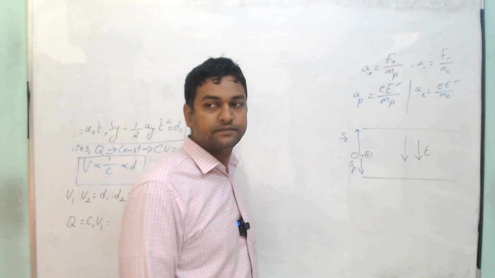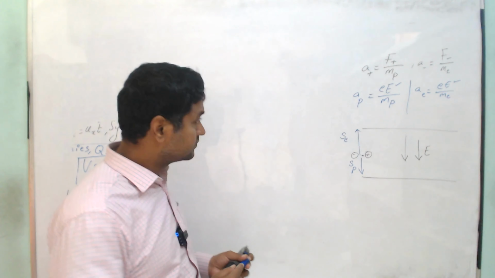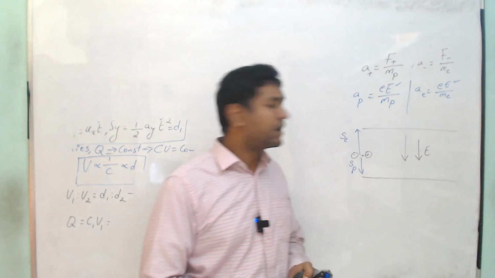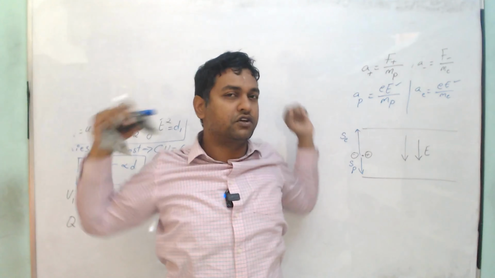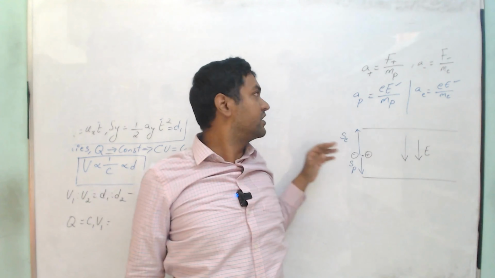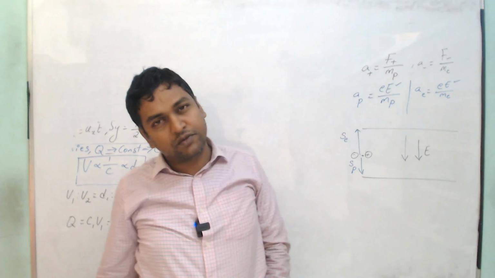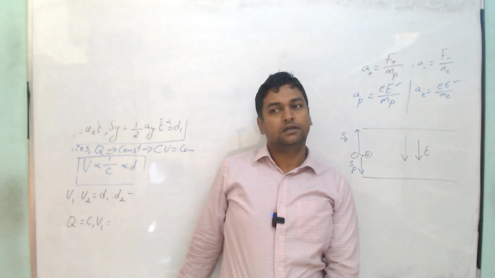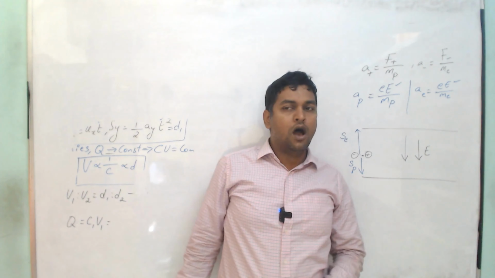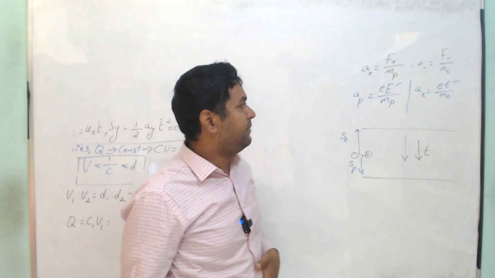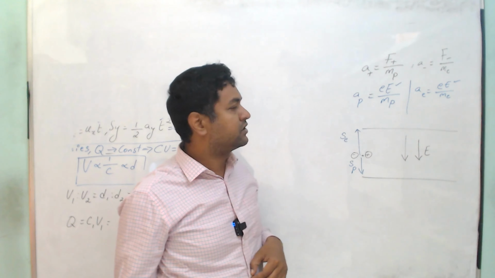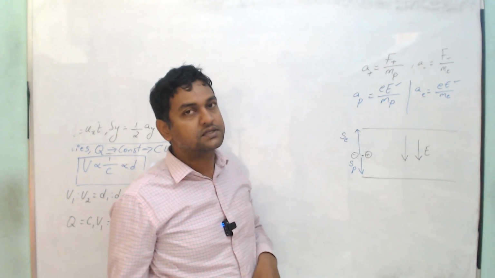Sir, the acceleration of electron will be negative. But I am talking only in terms of scalar magnitudes, not in terms of vector. When I show the direction, then I will use minus sign. Right now, I am only looking at the magnitude part of it, so I'm really not bothered about minus signs.